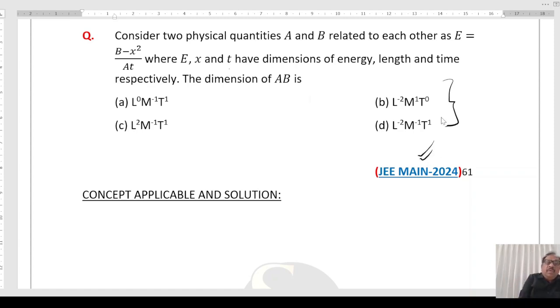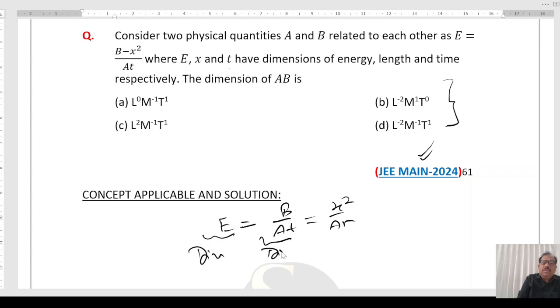Now, E equal to, I have broken it up, B upon AT minus X square upon AT. Dimension of this equal to dimension of this equal to dimension of this.